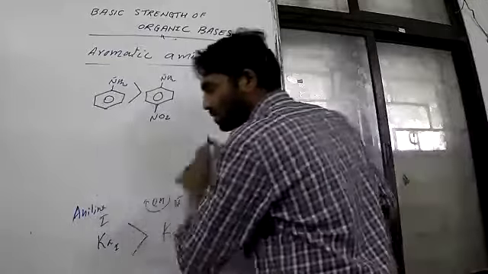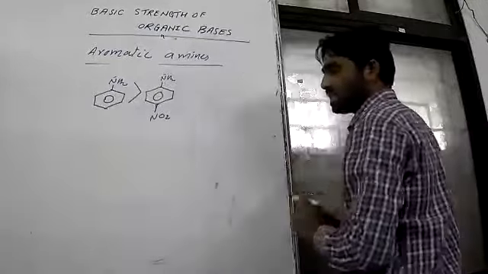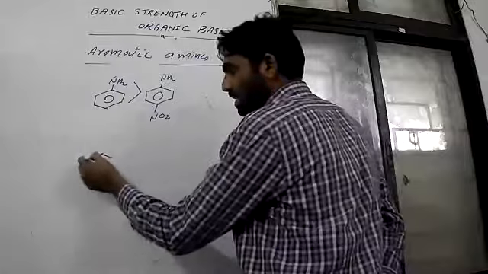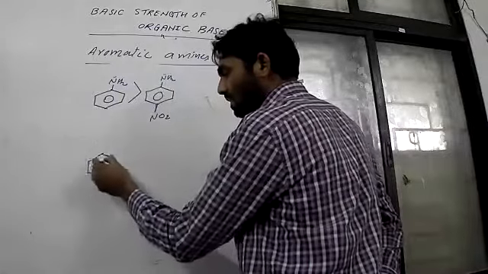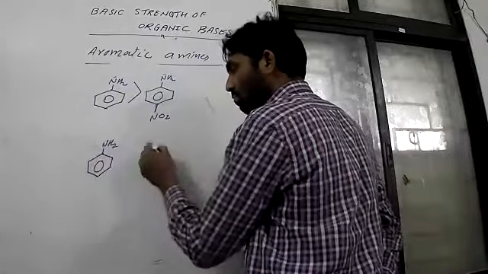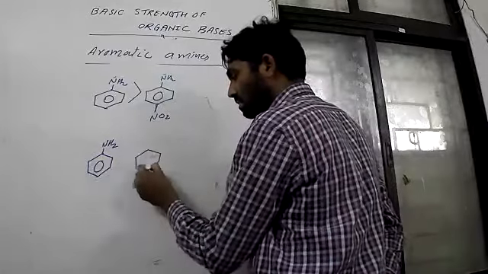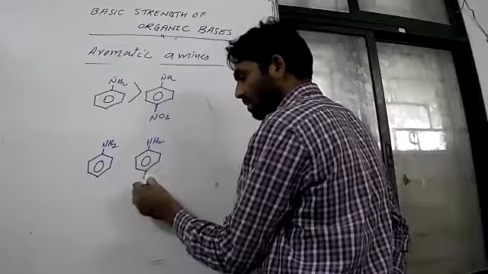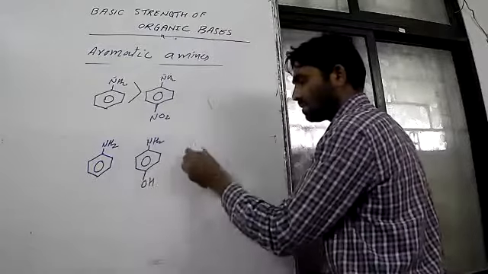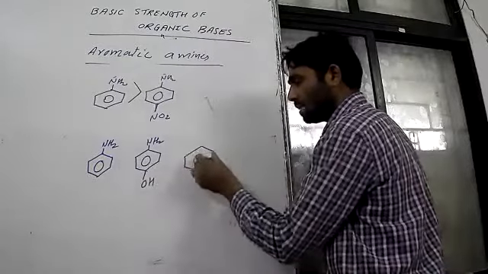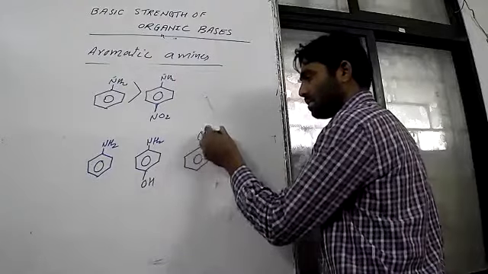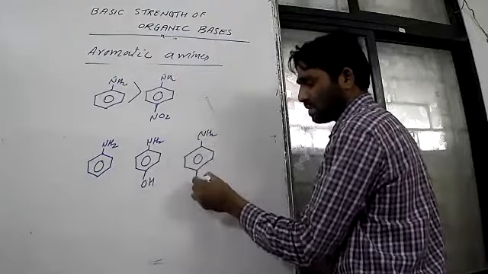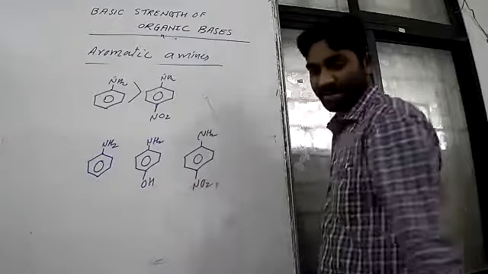If three compounds are given, let us arrange them. One of them is aniline, the second is para-hydroxyaniline, and the third is para-nitroaniline.